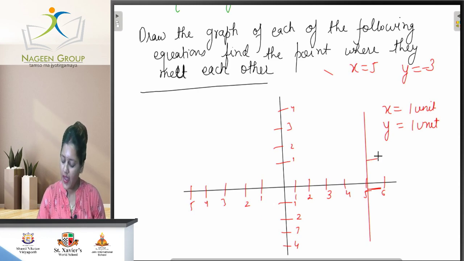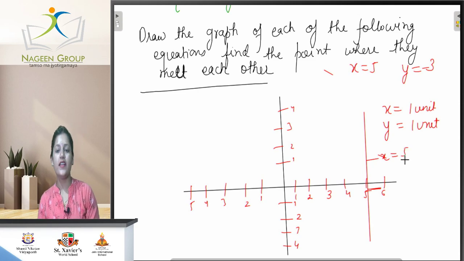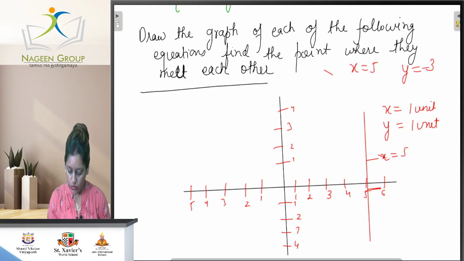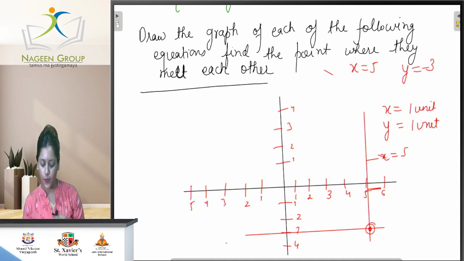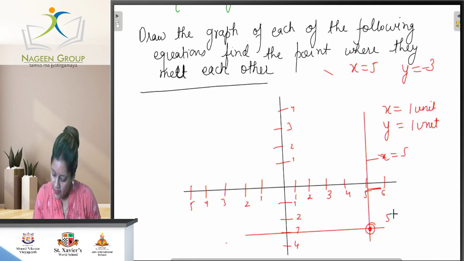This is x is equal to 5, and then y is equal to -3. So the line is this. This is the point where these both lines meet and the point is 5, -3.